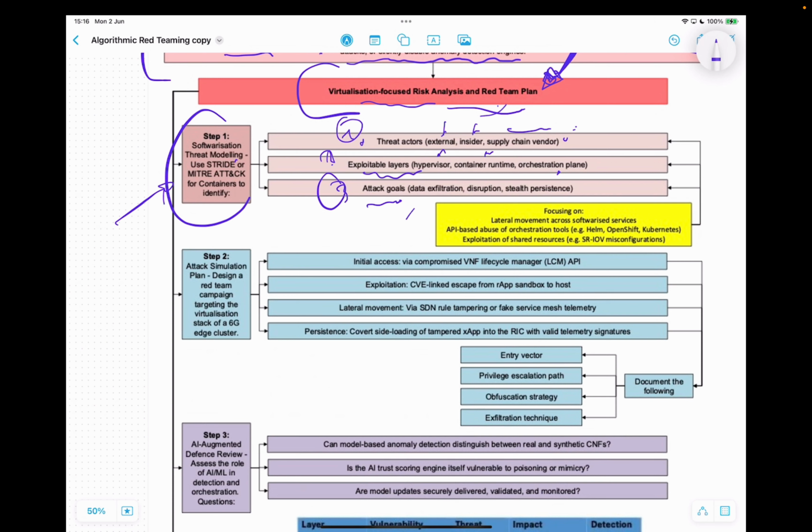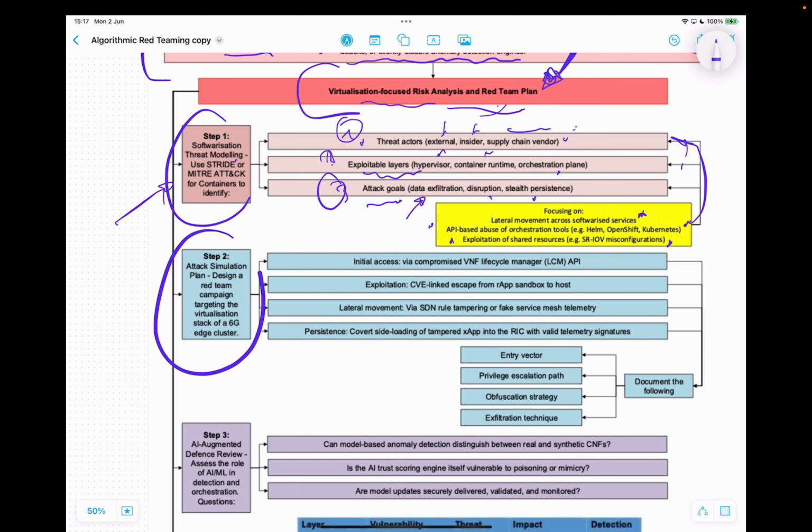Why would they do this? To extract data, for data exfiltration, disruption, or stealth persistence. When you're building this kind of strategy, you need to focus on lateral movement across softwarized services, API abuse and orchestration tools like OpenShift and Kubernetes, and you need to look at the exploitation of shared resources like SR-IOV misconfigurations.